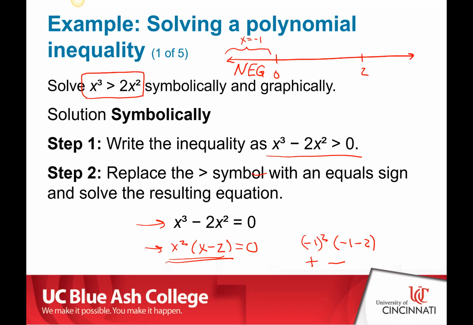Okay, in this next interval from 0 to 2, what's a nice number there to work with? 1. So let's use x equals 1. Okay, so if I plug a positive 1 in here, the 1 squared is going to be positive.